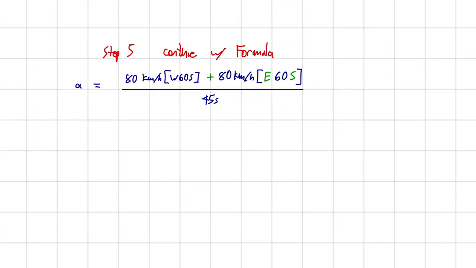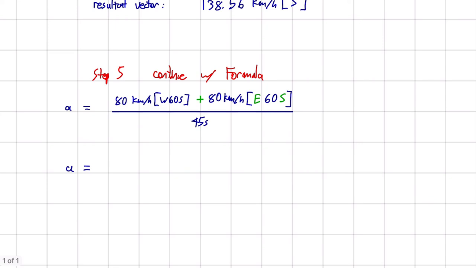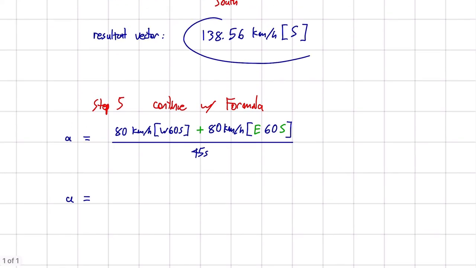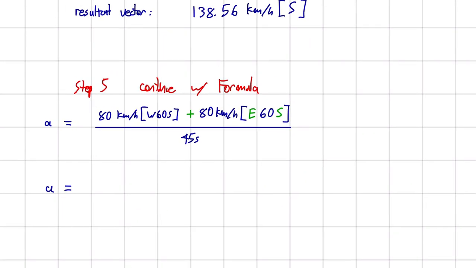We are going to plug this known value in now for the vector addition, and then we're going to divide it by 45 seconds.